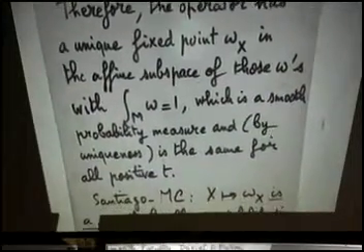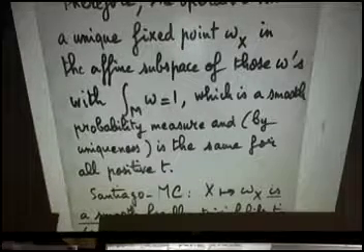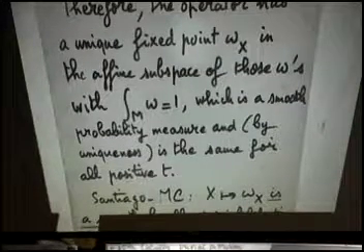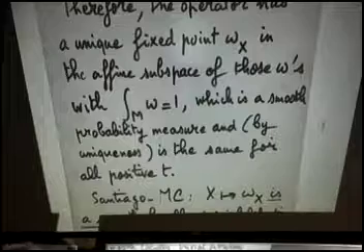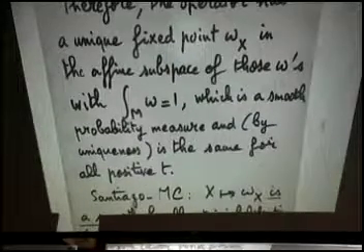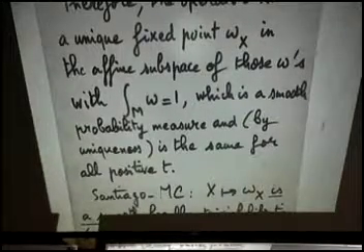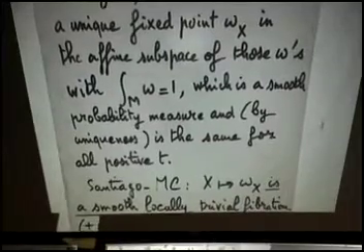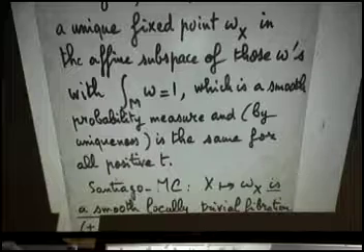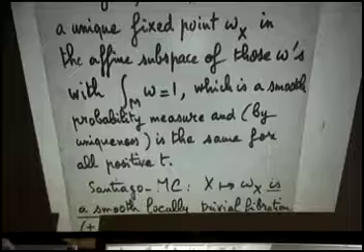And so what was the idea of Zeeman is that to each vector field you associate this unique fixed point on the affine space of forms of total volume 1, and then you can represent it with respect to the Riemannian measure, or the Riemannian probability measure, if you normalize it.